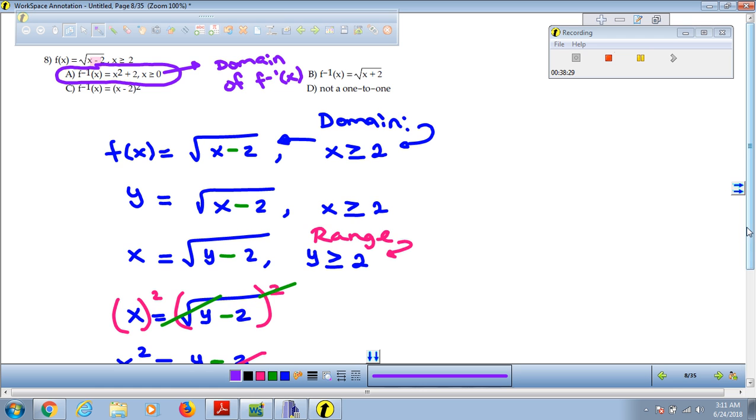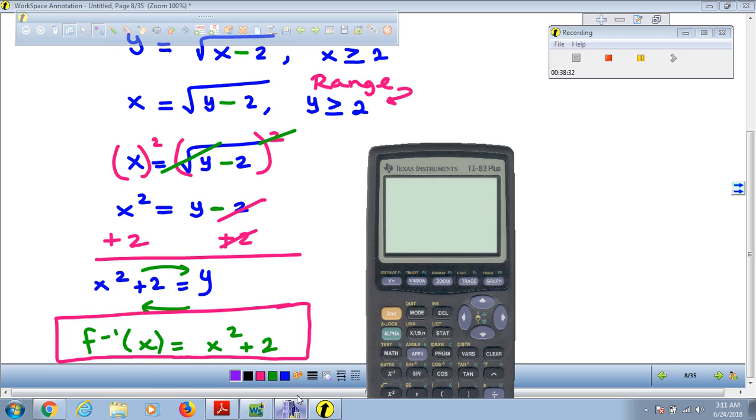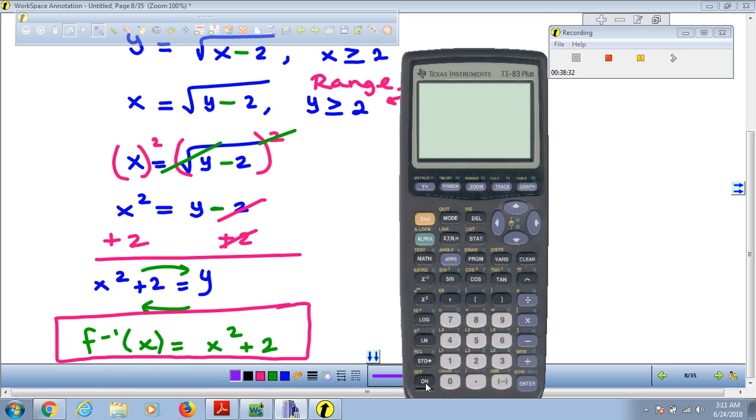So one thing you could do to figure that out, the quickest way, is to graph this, x squared plus 2.